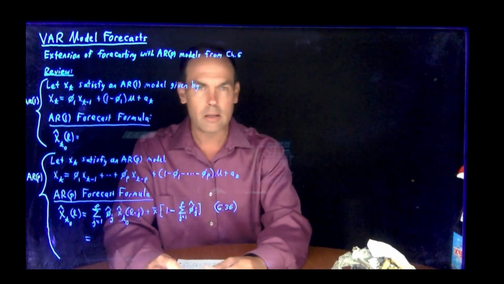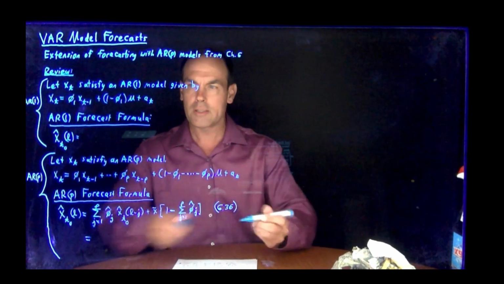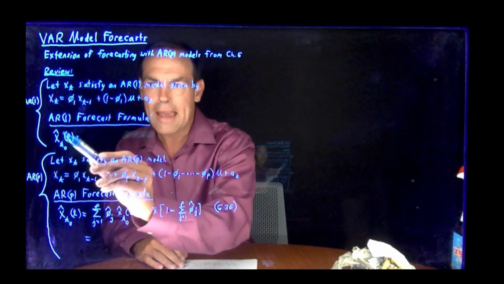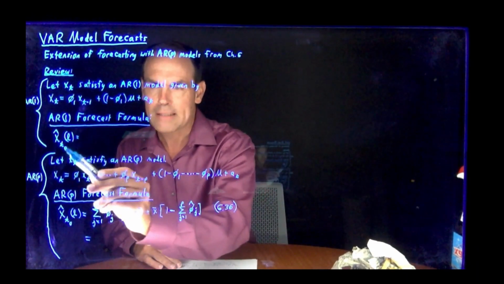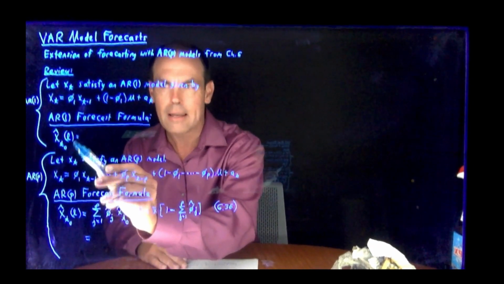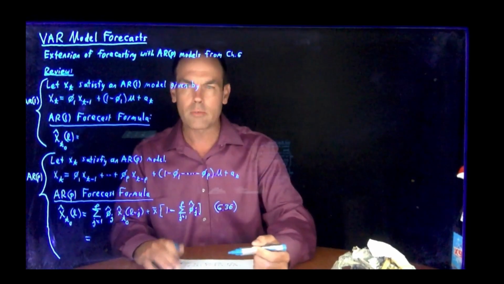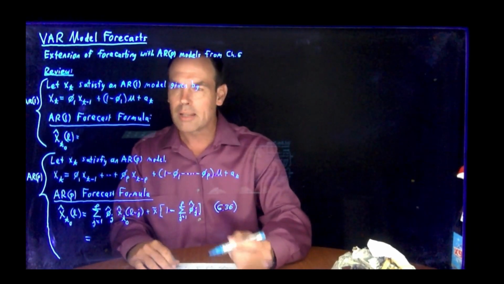And as we've seen in a previous video as well, the AR(1) forecast formula is, recall the notation, x hat for the forecast, t naught, that's the last value in a data set, and then the L is the steps ahead that you would like to forecast. We've seen that several times. Let's go ahead and fill this in.